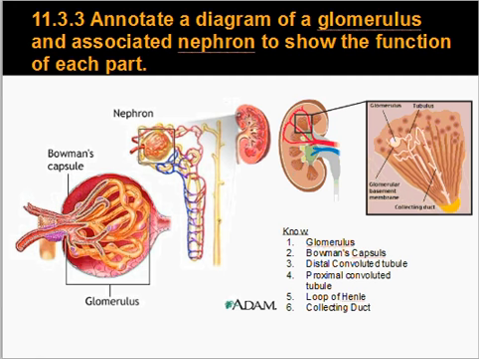What's going on here? Well, what's happening in this Bowman's capsule is that it's a receiving area for a tremendous amount of blood pressure. So as the heart is pumping, the arteries that are leading into the Bowman's capsule are under tremendously high pressure, and they're kind of slamming the blood into that area.